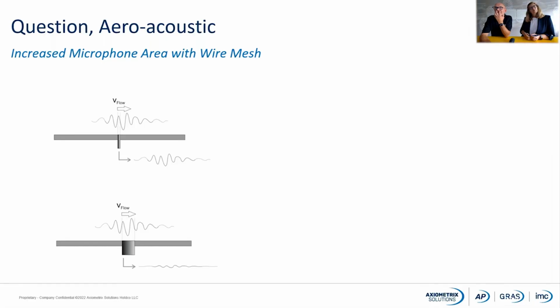If we have a bigger microphone, it could be a half-inch microphone, then the signal will now be averaged over this half-inch microphone, so the signal we are measuring will be even smaller.